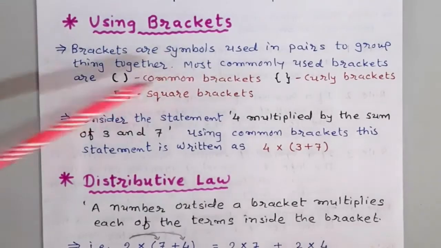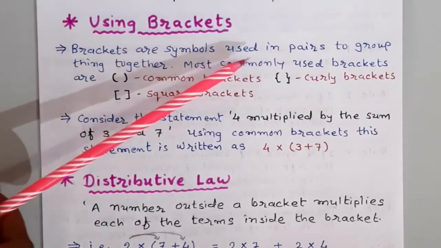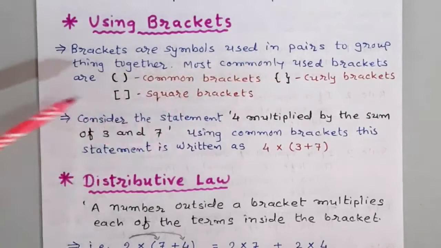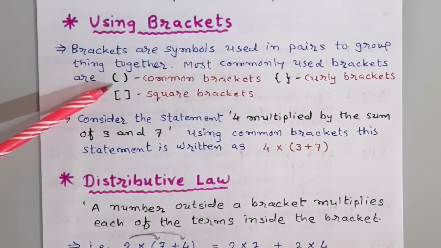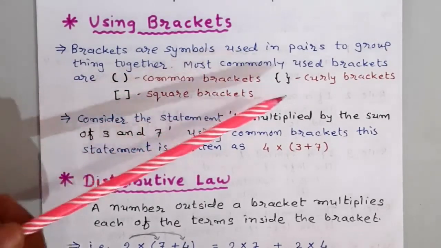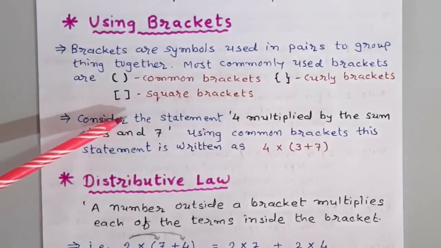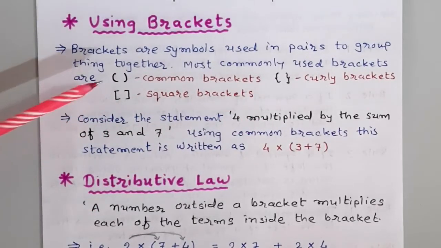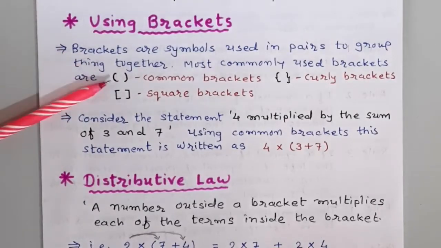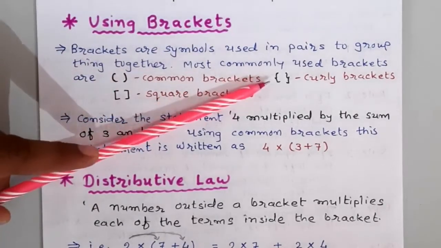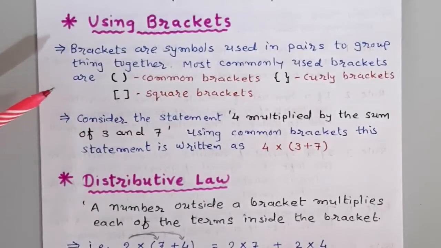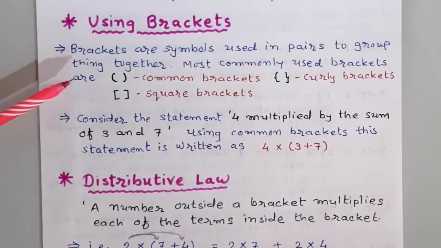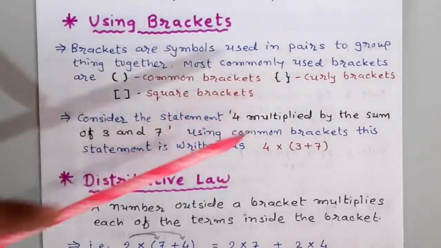Using the brackets. Brackets are symbols used in pairs to group things together. The most commonly used brackets are common brackets, curly brackets, and square brackets. The left part of each bracket symbol indicates the start of the bracket, and the right part indicates the end.